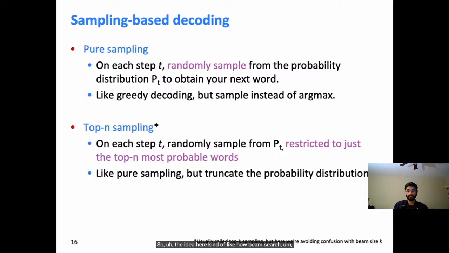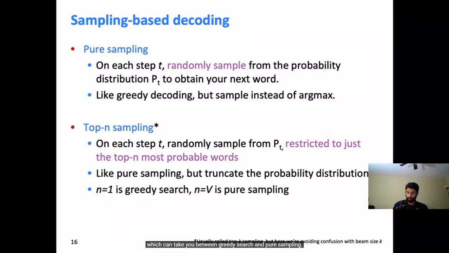Just like how beam search gave you a hyperparameter to go between greedy decoding and very exhaustive search, here you've got a hyperparameter n, which can take you between greedy search and pure sampling. If you think about this for a moment, if n is 1, then you truncate at the top 1, so you're just taking the argmax, which is greedy. And if n is the vocab size, then you don't truncate at all.